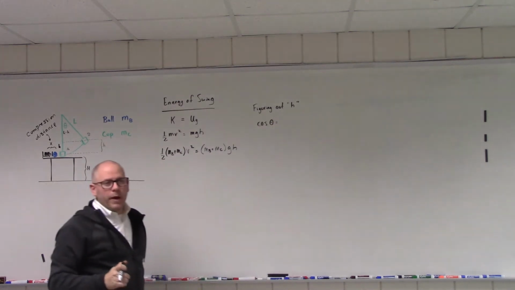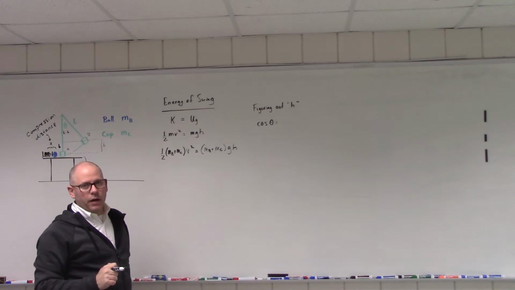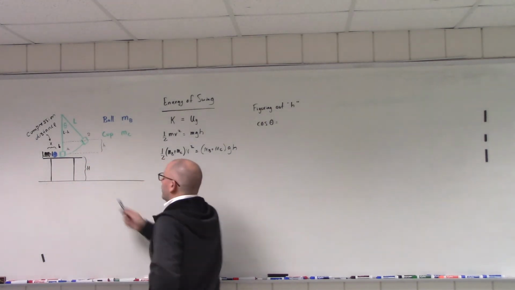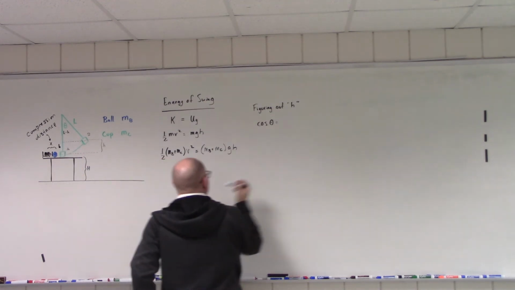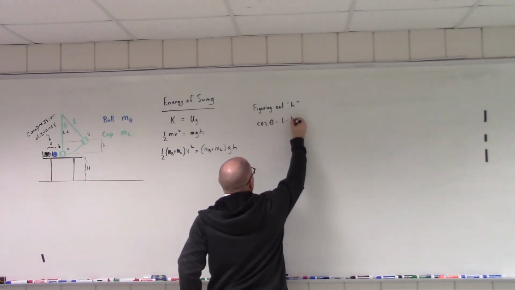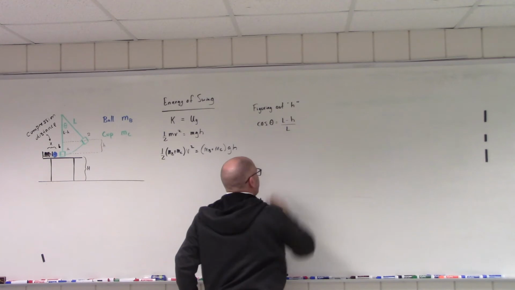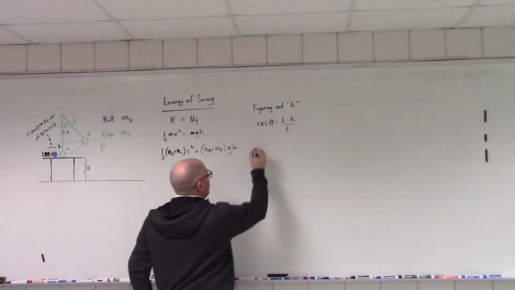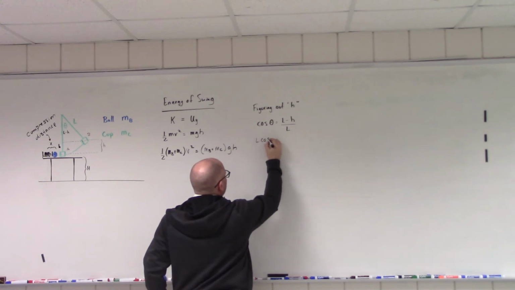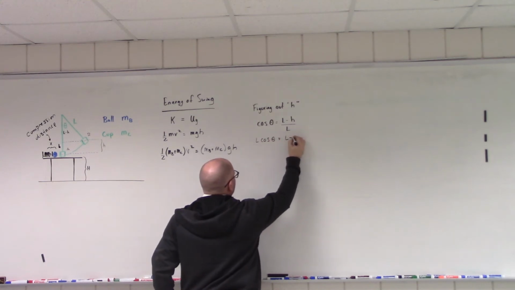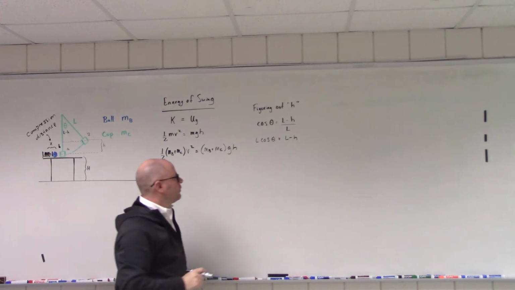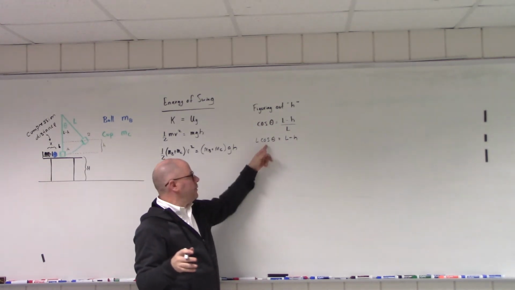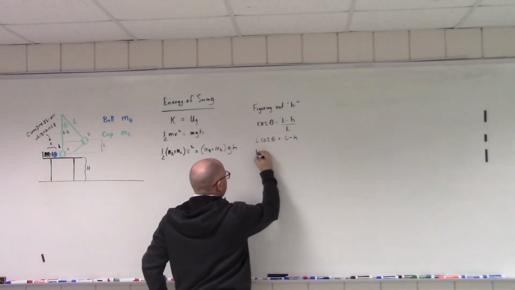So one thing we know about cosine, it's the ratio of the adjacent side to the hypotenuse. If I look here, my adjacent side is L minus h. The hypotenuse is L. I'm going to multiply both sides by L. I'm going to add h to both sides because that's what I'm looking for, and I'm going to subtract this from both sides.